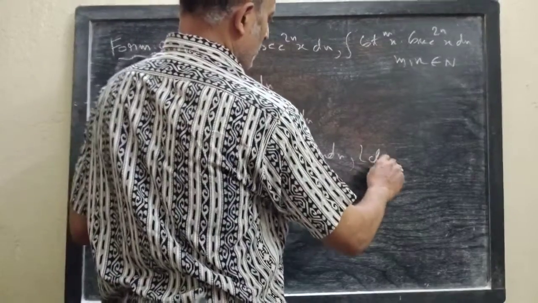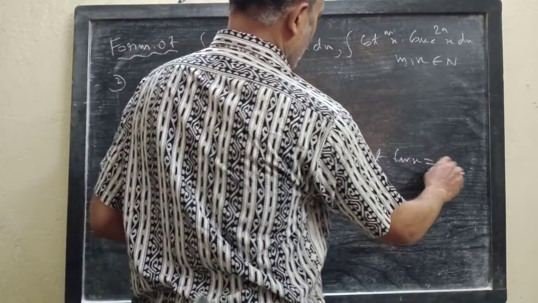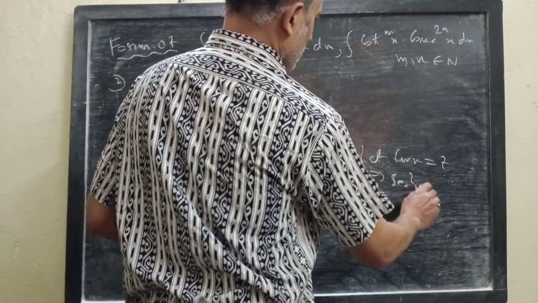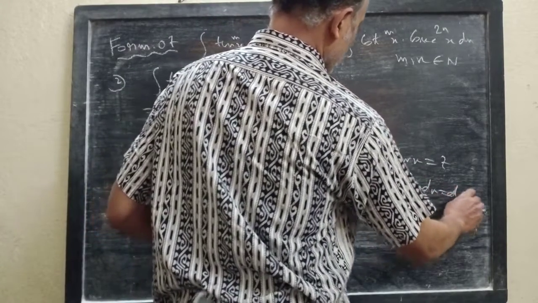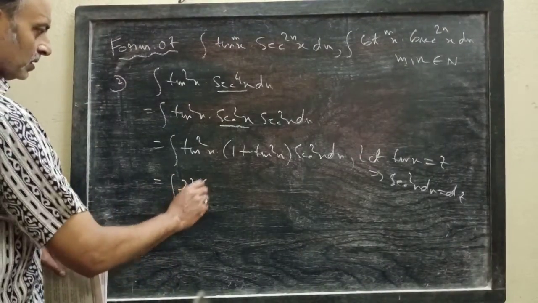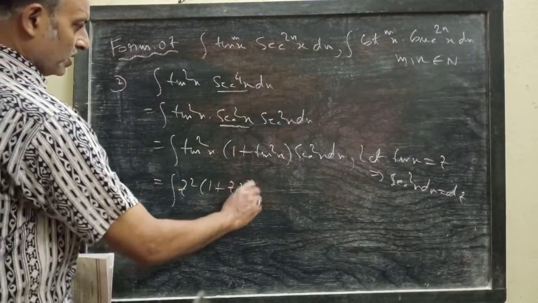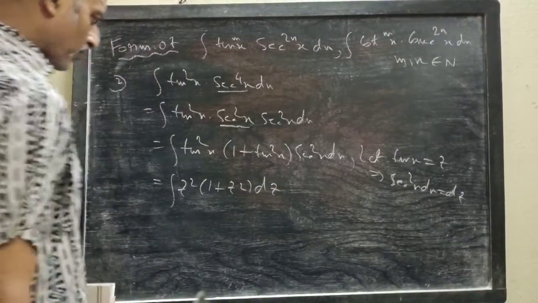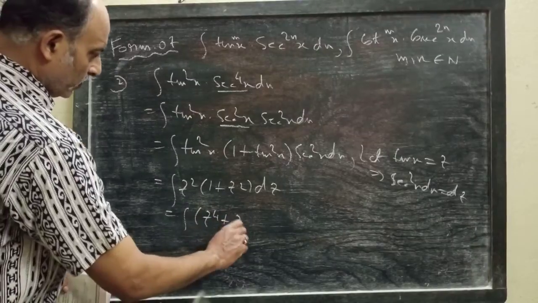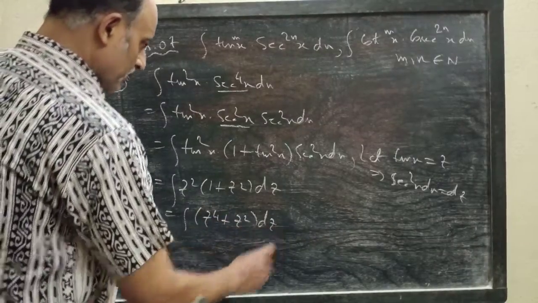Now let tan x equal to z. So we get sec square x dx equals dz. So our integral becomes z square into 1 plus z square dz. So we can write it as z to the power 4 plus z square dz.